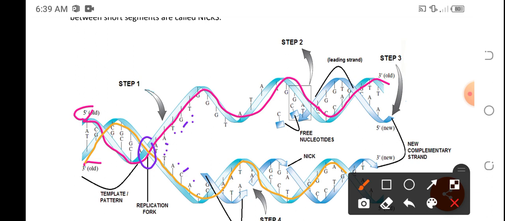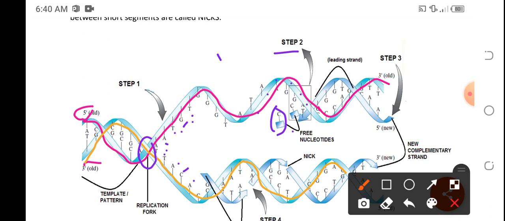For step number 2, there are free nucleotides around inside this nucleus. So may mga free nucleotides. Ayan, may mga free nucleotides siya. And upon unwinding of this DNA, these free nucleotides will have a base pairing with the nucleotides inside the template strand.